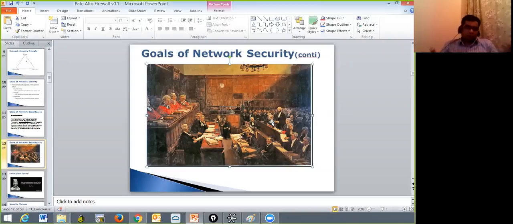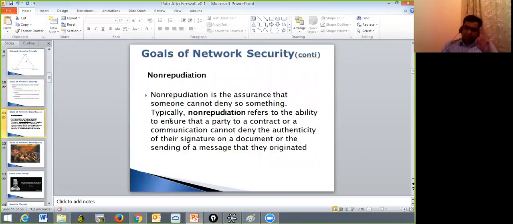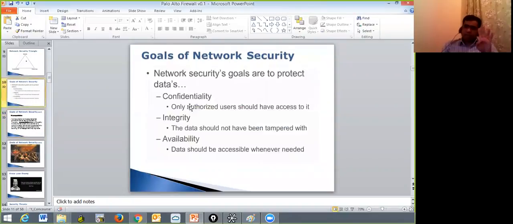That tomorrow or the day after tomorrow, nobody can deny that they have said something. So they are taking the notes of your meetings, like minutes of meetings, or MOM. Okay. So three examples. The goals of security, guys: confidentiality, integrity, availability, and non-repudiation. These are the goals of security. But at least if you know these three, it is fine.